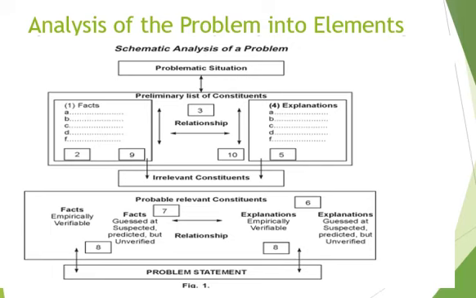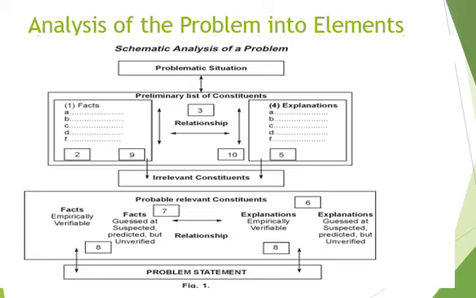Then you come to the probable relevant constituents, like facts empirically verifiable, means you can practically see or verify those facts. Facts guessed at, suspected, predicted, but unverified. Some facts are there which are available, but you cannot verify them with the help of practical research. And then explanations empirically verifiable. Some explanations are very clear, very much based on certain facts, but some are just guesses and they are unable to be verified.